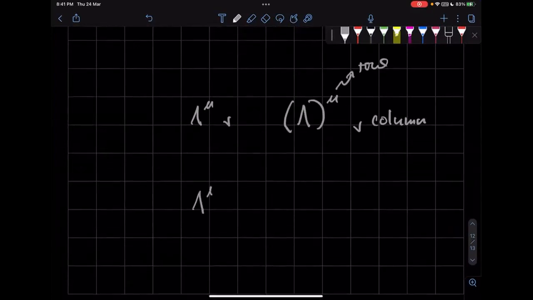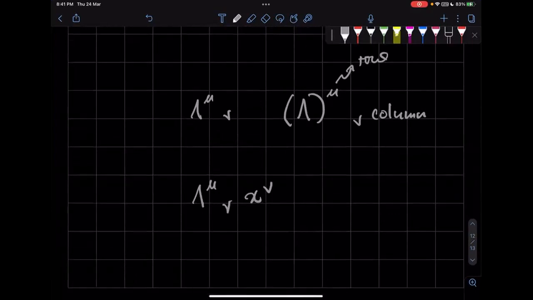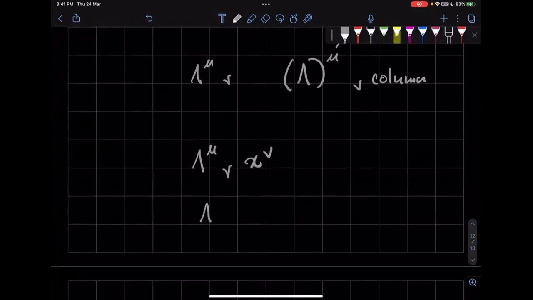So when we write lambda mu nu acting on x nu, this means that I'm acting by a 4x4 matrix on a 4-dimensional column vector and taking its mu index. So this is x prime, its muth element.